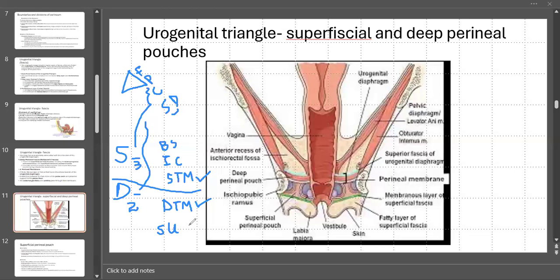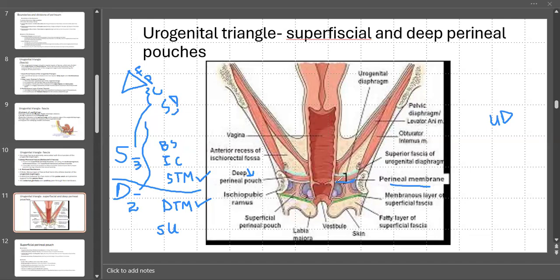Now we are going to learn about urogenital diaphragm. Guys, we are going back to this deep perineal pouch information. You can see that this is the perineal membrane. This one, not the whole structure.